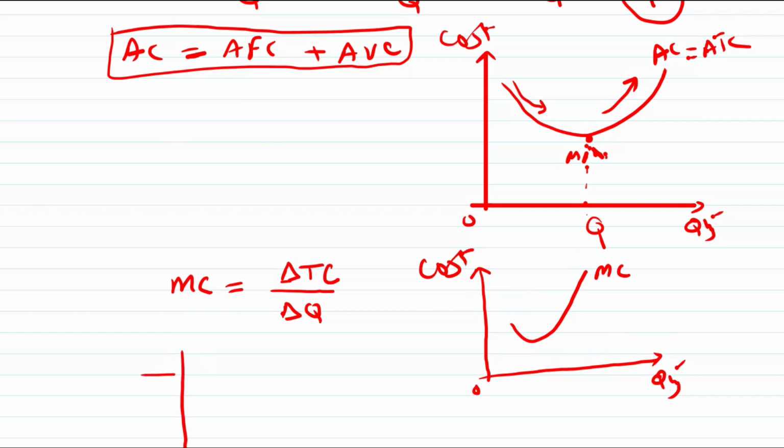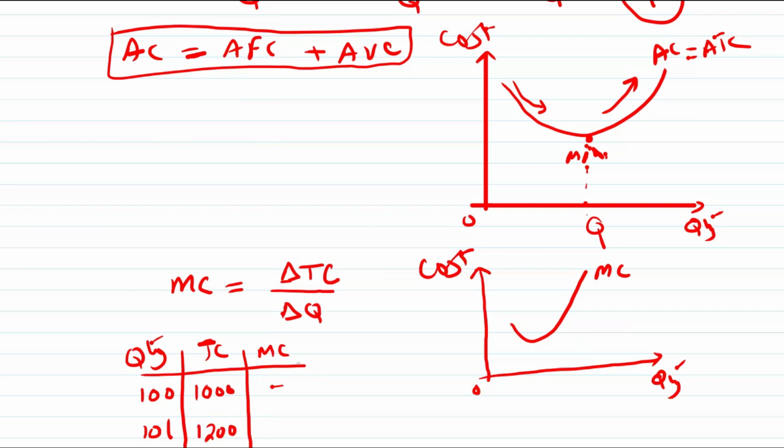Let's say we were initially producing 100 units and total cost was 1000. Now we decide to produce one additional unit of output. So total quantity produced is now 101, and total cost, let's say, increases from 1000 to 1200.